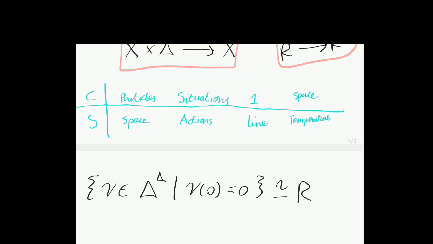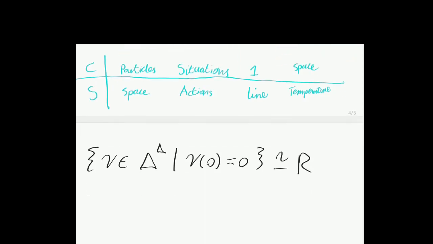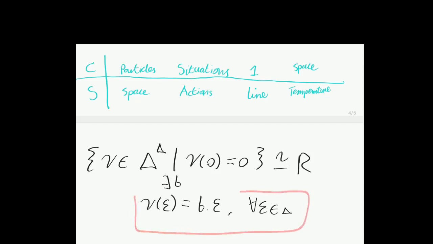But if we consider maps from the nil square infinitesimals to themselves, each of those maps has the form that v of epsilon is equal to b times epsilon for all epsilon in delta. So for every such map, there's going to exist a particular b for which this is true.